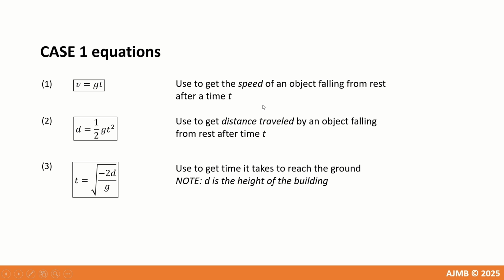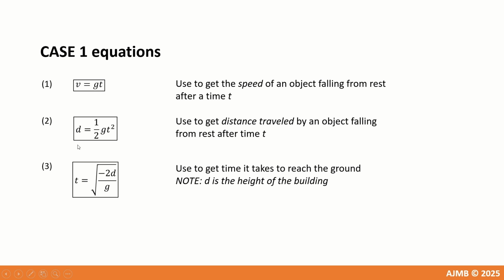So let's say 2 seconds or 3 seconds of fall. Since you always know the value of g, negative 9.8, you're just going to multiply it by the given time. And you would, of course, get a negative value since the object is going down. But a clue for you is that as time goes by, the speed should also be increasing. So in other words, the speed at time equals 2 seconds should be lesser than the speed at time equals 3 seconds.